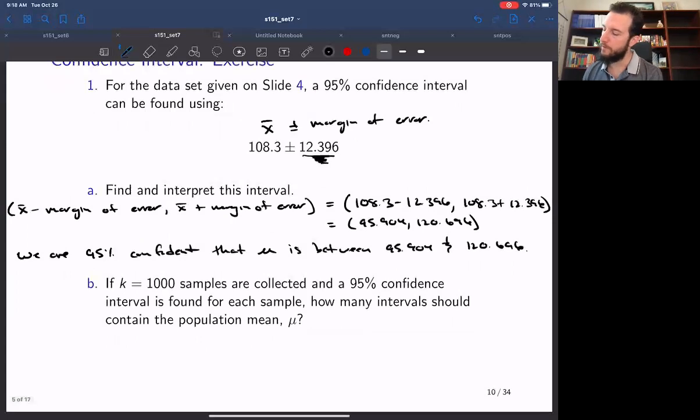Okay, so suppose K equals 1,000 samples are collected and a 95% confidence interval is found for each sample. How many intervals should contain mu?